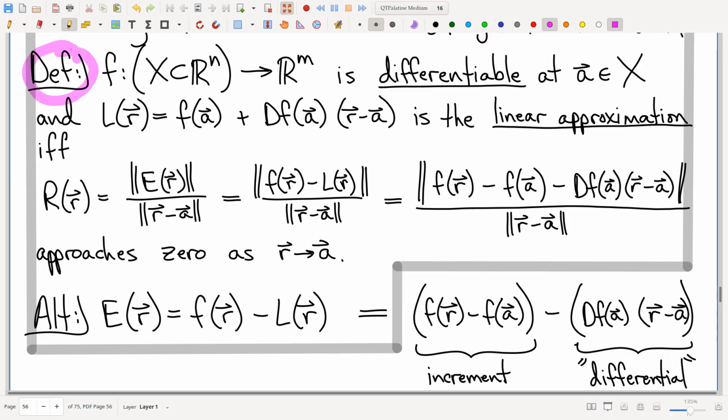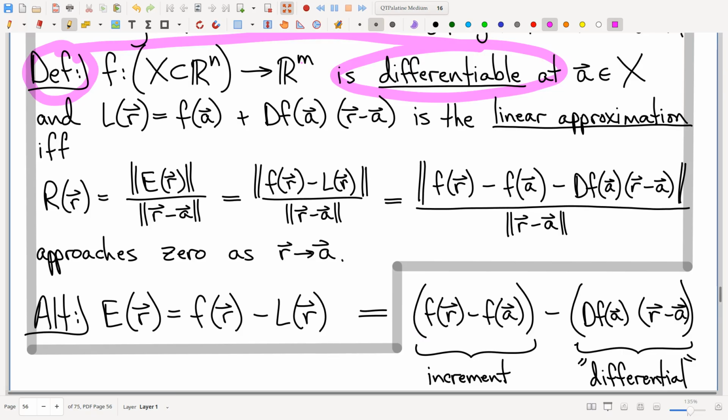FYI, in this conversation we're not going to define something called differentiability. And part of the reason this makes me sad is that differentiability is the condition that we need to require in order for a bunch of the theorems that we're going to write down to actually be true. It's a big deal. It's a very important concept.